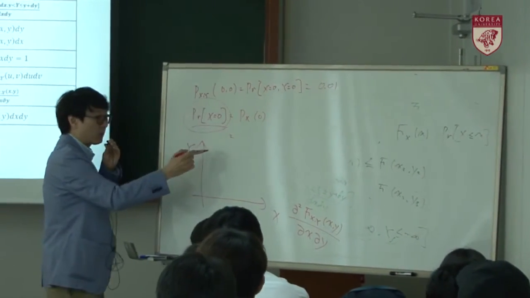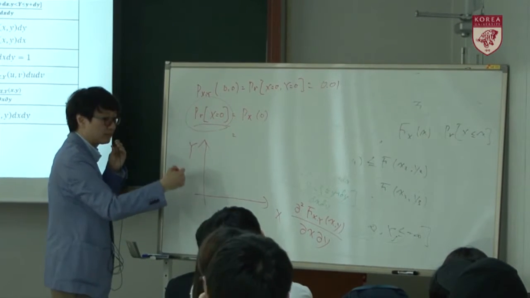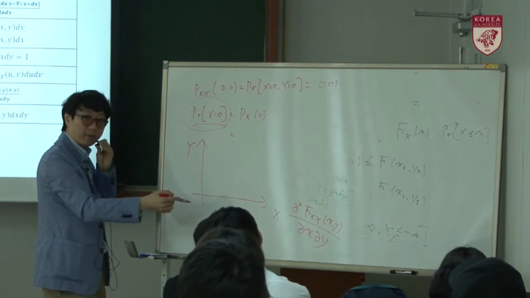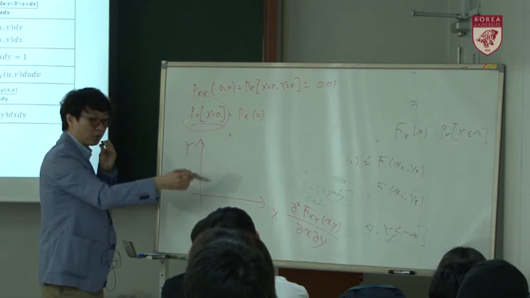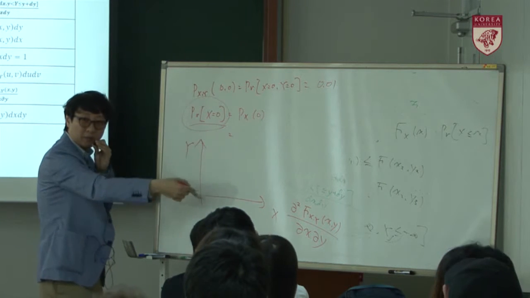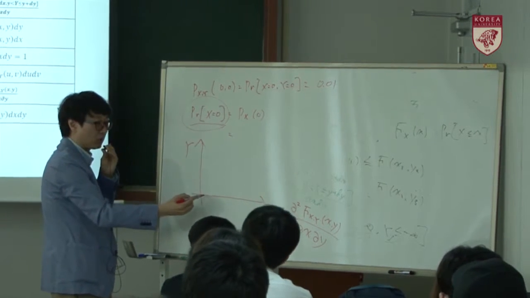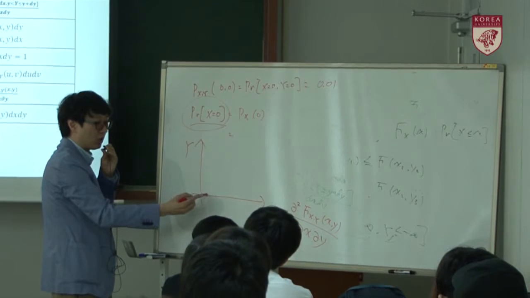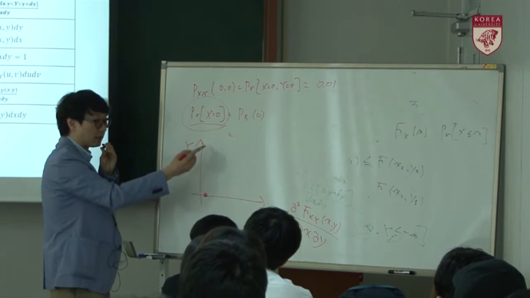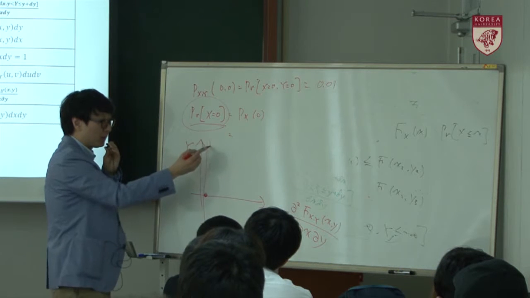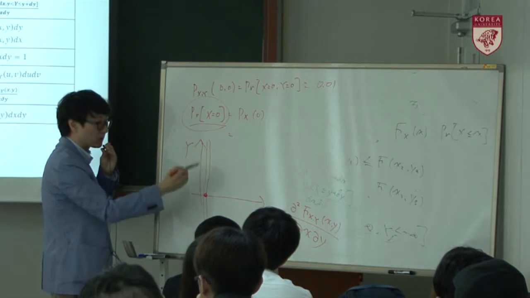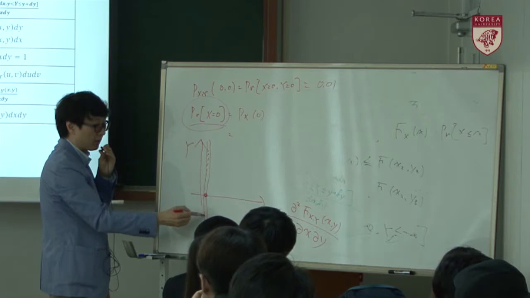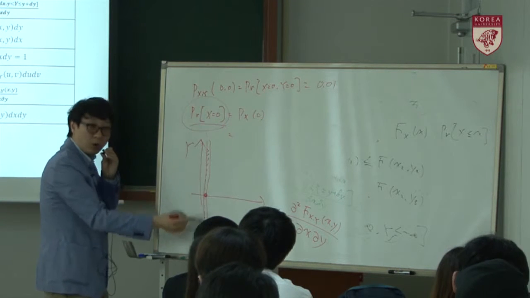So f_XY is located over the whole of the display. And if we want to calculate the PDF of a certain value of x, that is the integration over the very narrow strip that goes across the whole y.